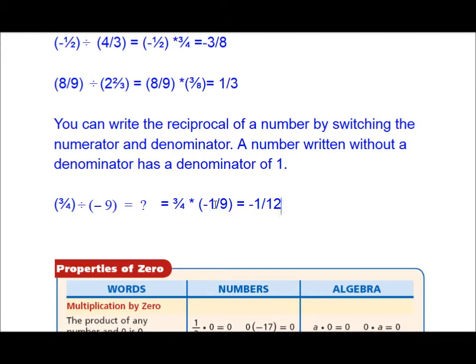Multiply 3 into minus 1, which is minus 3, and the denominator 4 into 9. 9 4s are 36. I'll do it again. Multiply the numerators together, that means 3 multiplied by minus 1, divided by the denominators multiplied together, 4 multiplied by 9.